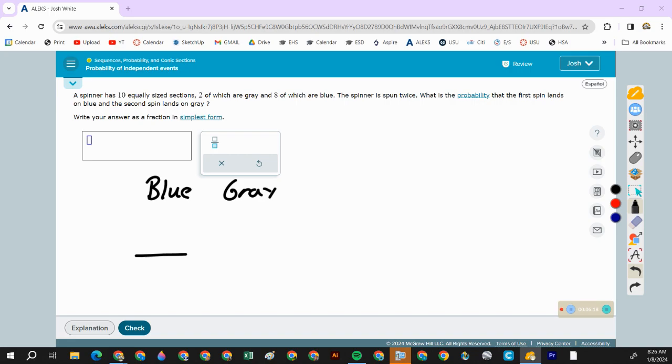What's the chance that we get a blue on the first spin? Well, 8 out of 10, which simplifies down to 1 over 5. Okay. Now, does getting a blue on the first spin affect the outcome on the second spin?